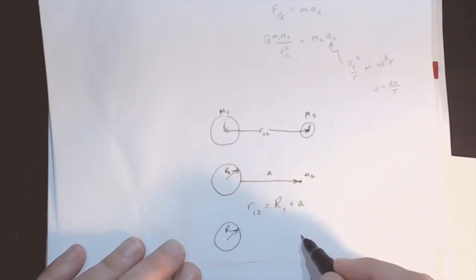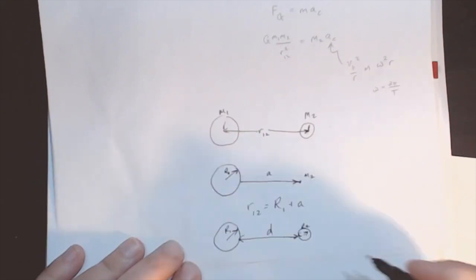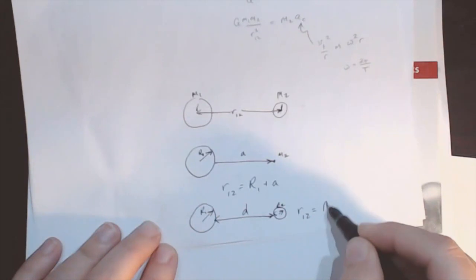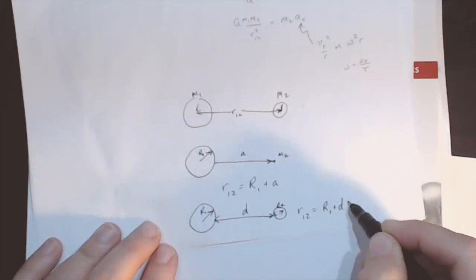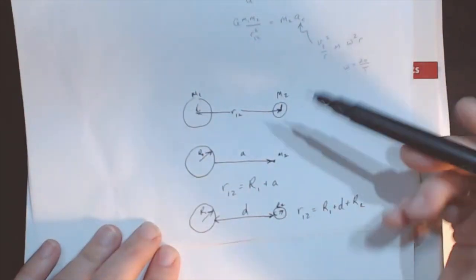You've got an orbiting object with a radius R2. And then you have the surface to surface distance between these two things, d. In that case, the R12 would be the radius of 1 plus the surface to surface distance plus the radius of 2.